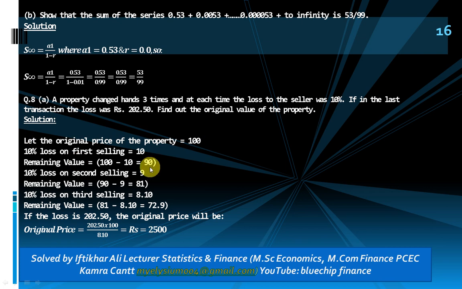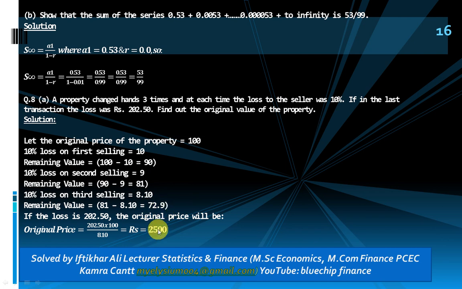After that, on the second transaction there is also a 10% loss. So 90 multiplied by 0.10 is 9. After subtracting this loss, 90 minus 9, the remaining value will be 81, and we repeat this step one more time, and the remaining value will be 72.9.